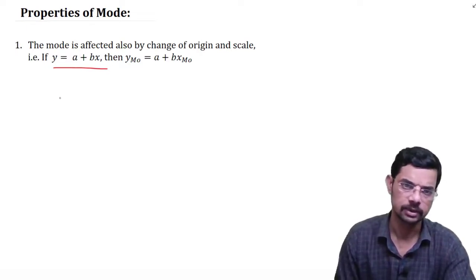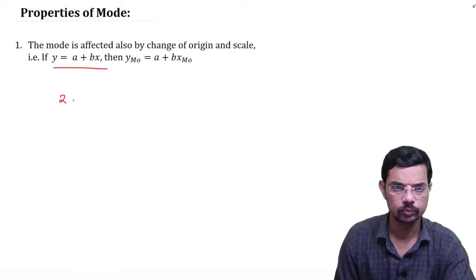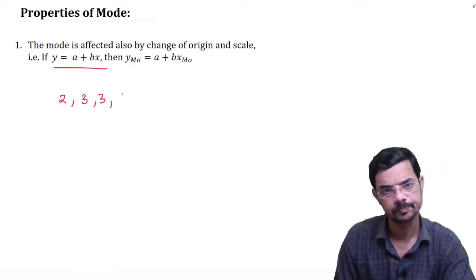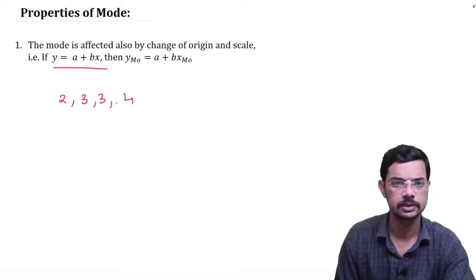So for example, if we have 2, 3, 3 and 4. For this data the mode is 3, right? The mode is 3. This is the mode of x. So x mode is equal to 3.